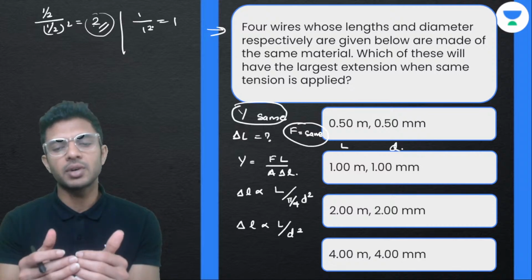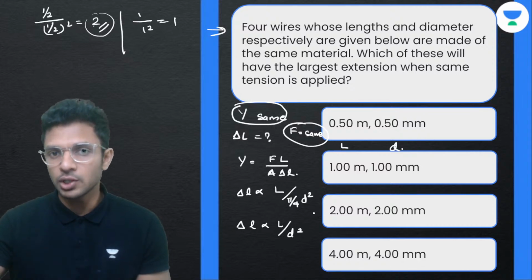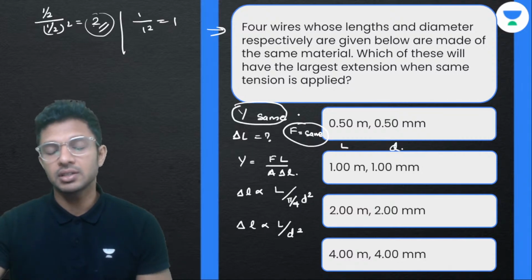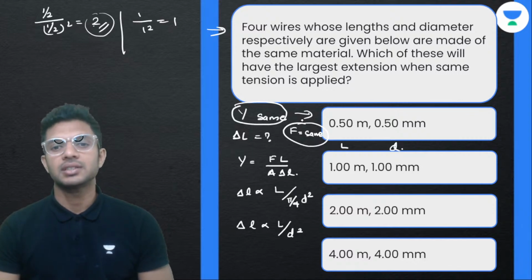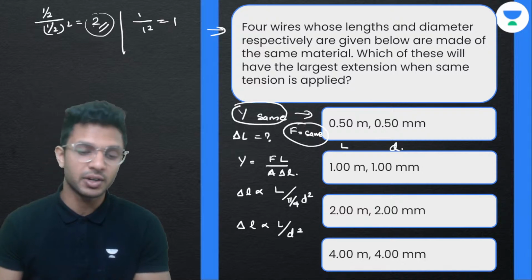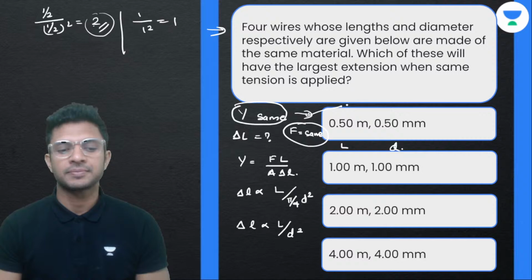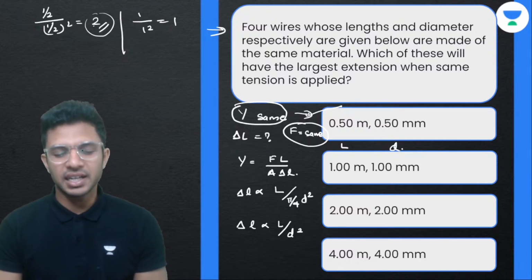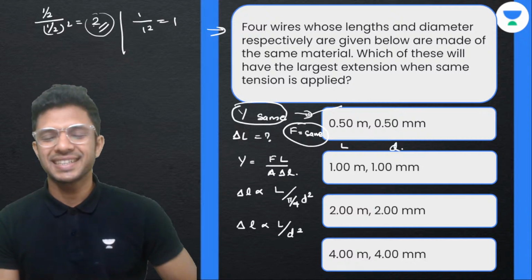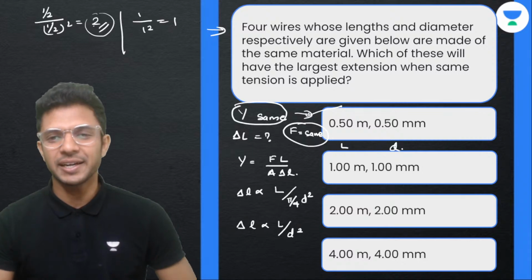So obviously from 1, 1 to 2, 2, the value decreases again. As we move down the options, the ratio of L by D square is decreasing. So the one with the maximum value of L by D square is the first option, which is 0.5 meter, 0.5 millimeters. So our correct answer is option A. Did you understand? Say yes sir, understood perfectly.